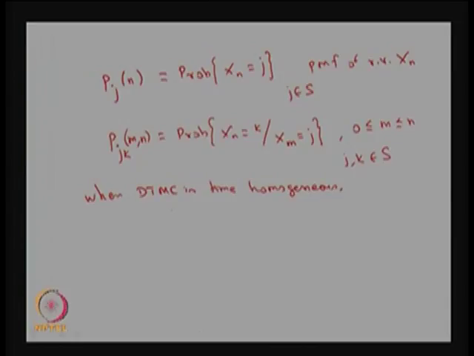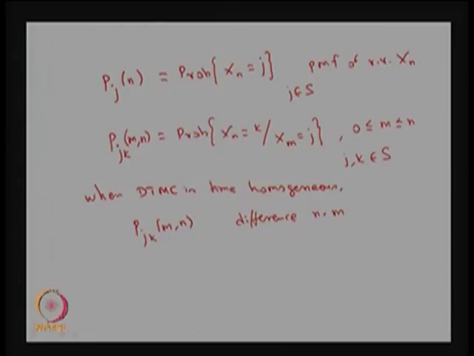That means the pjk of (m, n) depends only on the time difference n minus m. Whenever the DTMC is time homogeneous, that means it is time invariant. So, the actual time does not matter, only the time difference is important. Therefore, this depends only on the time difference n minus m.